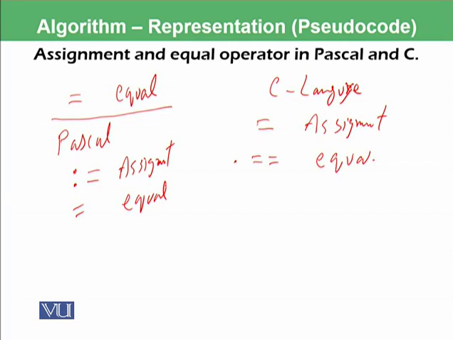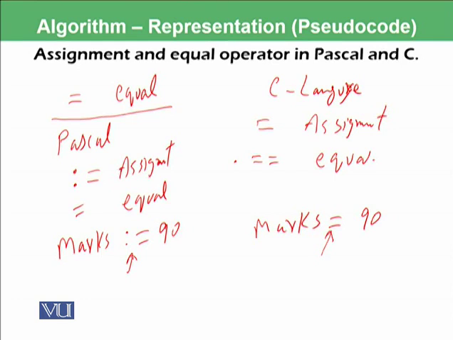This means when we want to assign a value using Pascal, or we are constructing a pseudocode in Pascal, then we will say marks assigned by 90. And in C language, we will say marks assigned by 90. So we will talk about this as an assignment, but we will use different notation depending upon what underlying language we are using.